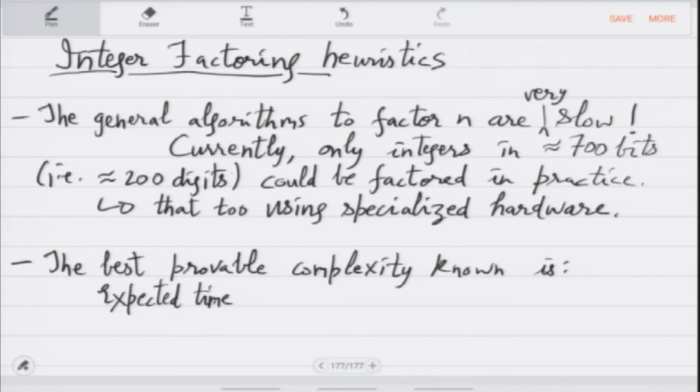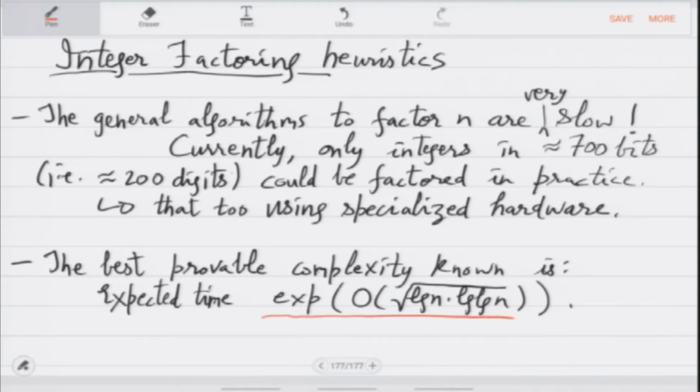Expected time is 2 raised to big O of square root of log n times log log n. Okay, so compare this with brute force. Brute force is exponential in log n, and here you have square root of that in the exponent. So it is certainly faster, but it is still not polynomial time, and it is not very practical if log n is large.